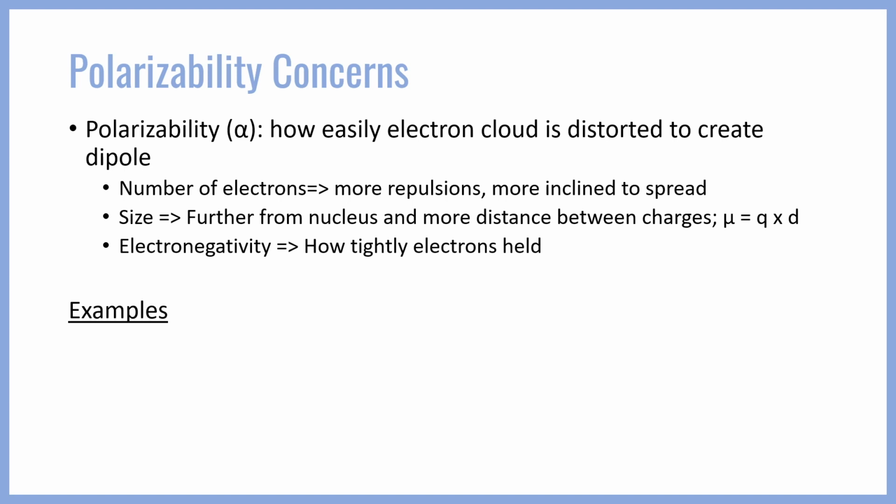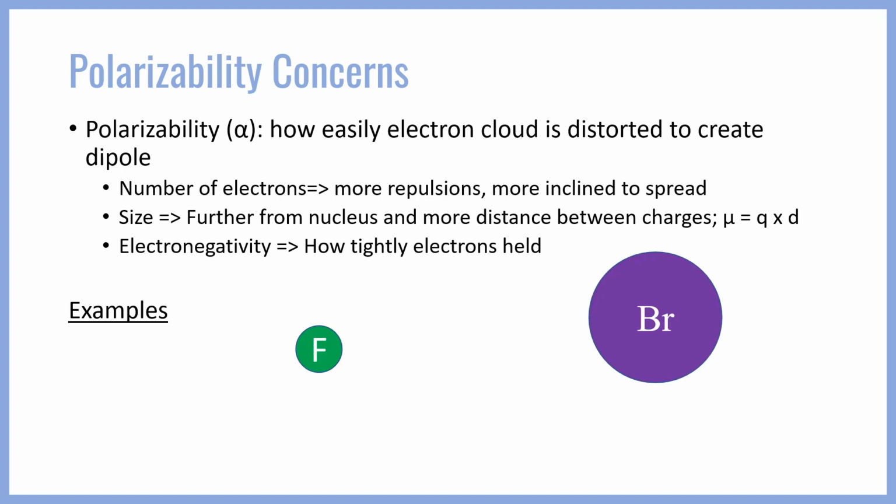So let's go ahead and look at some examples. On the left, we're going to have fluorine, and on the right, we're going to have bromine. These are both halogens. They're both single atoms. We're not going to worry about molecules yet. On the left, fluorine is going to have an electronegativity value of about 4. This is the highest on the periodic table. And it's also going to have a radius of 60 picometers, which is very small even for atoms.